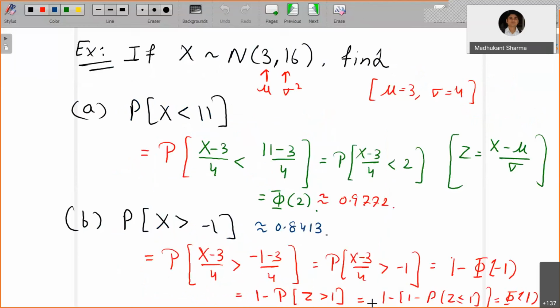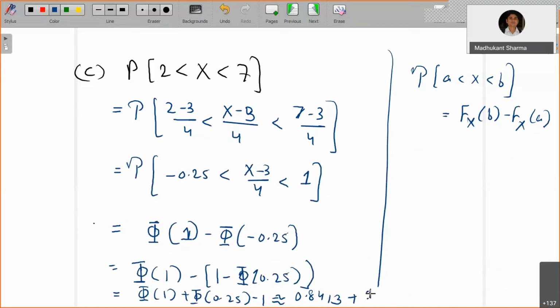So 0.8413 plus 0.5987 minus 1. Let me use the calculator. The final value is 0.8413 plus 0.5987 minus 1, so 0.44 approximately.